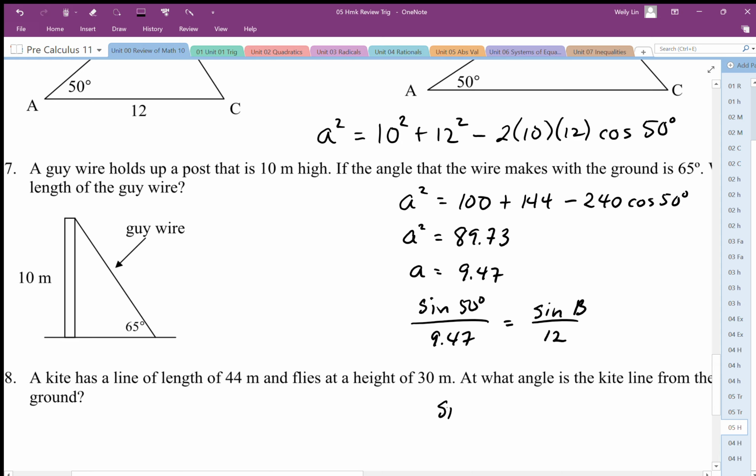Solving this for sine B, I'm going to end up with 12 divided by 9.47 and then times that by sine of 50 degrees.